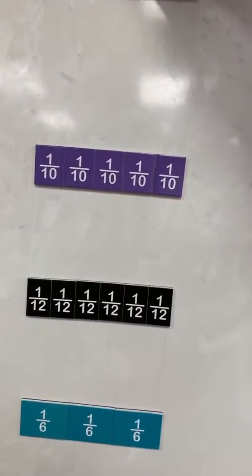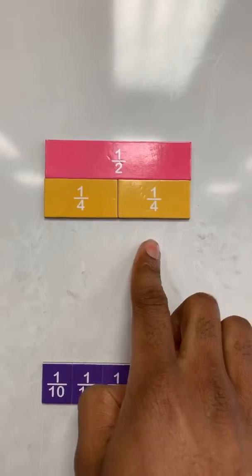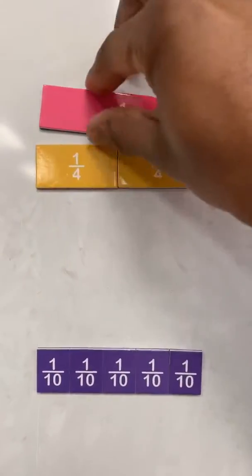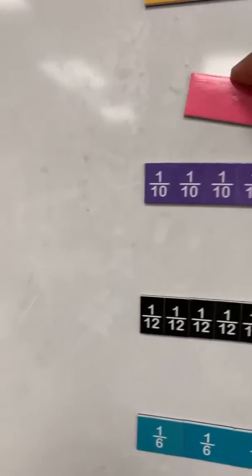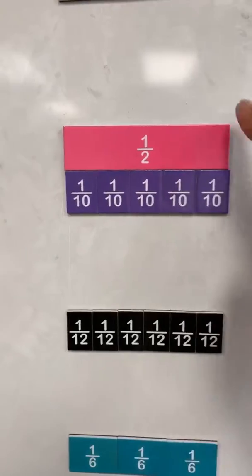If I sit it right on top of this, notice how 1/4 and 1/4, which is 2/4, is still equivalent to 1/2. Let's look at that. 1, 2, 3, 4, 5. 5/10 is the same thing as 1/2.